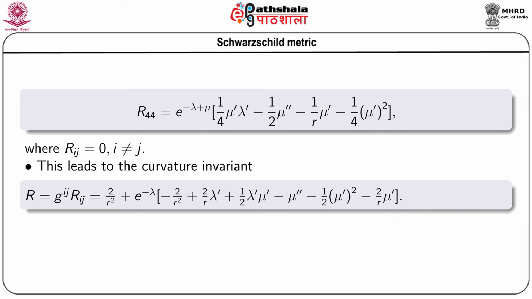That means, the scalar curvature of the space is coming to this expression, that is equal to 2/r² + e^(−λ)[−2/r² + 2λ'/r + 1/2 λ'μ' − μ'' − 1/2 μ'² − 2μ'/r].